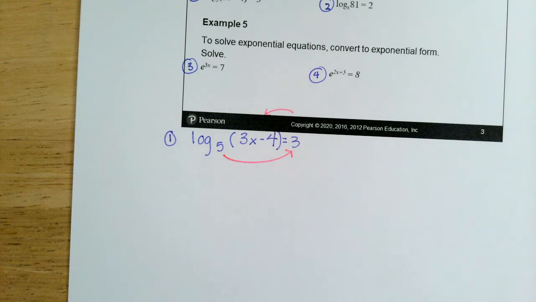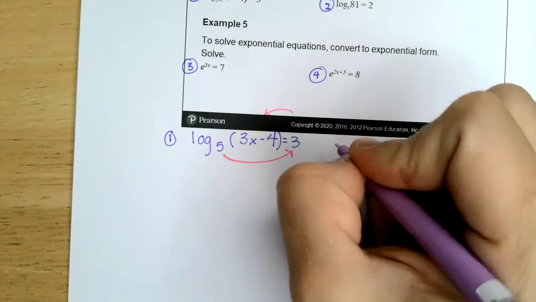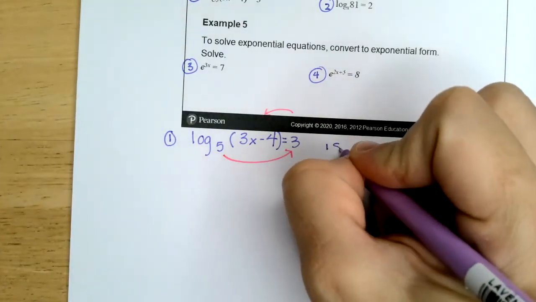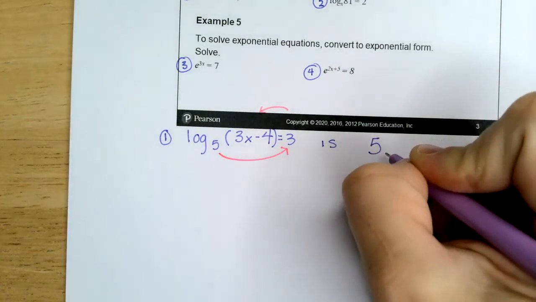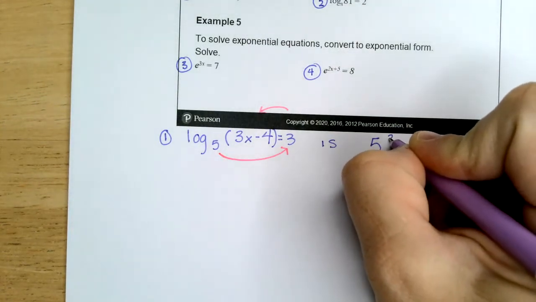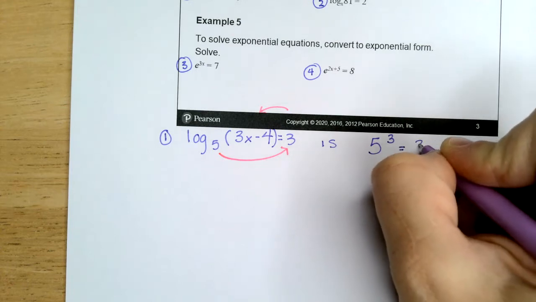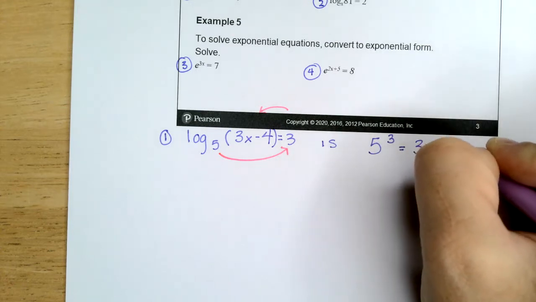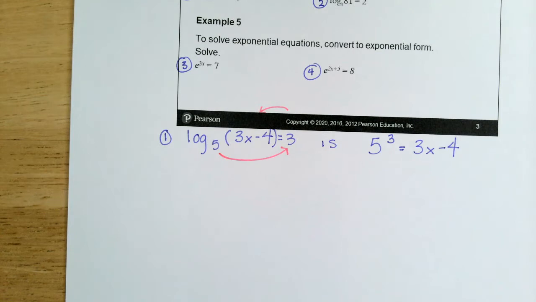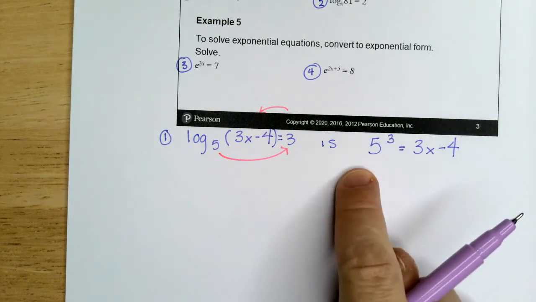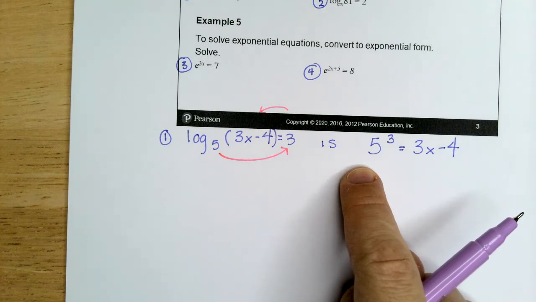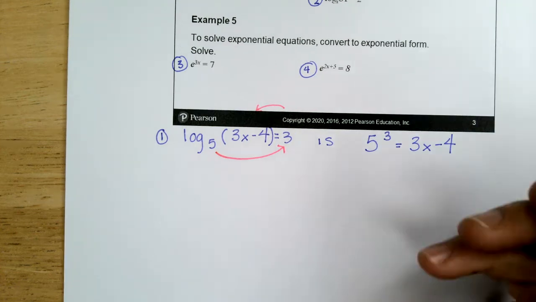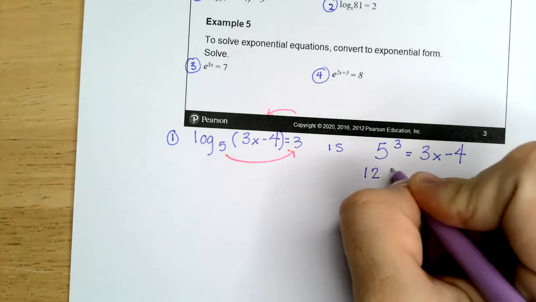And so that becomes 5 to the third power is 3x minus 4. Good. Now we can solve. 5 to the third power is 125.